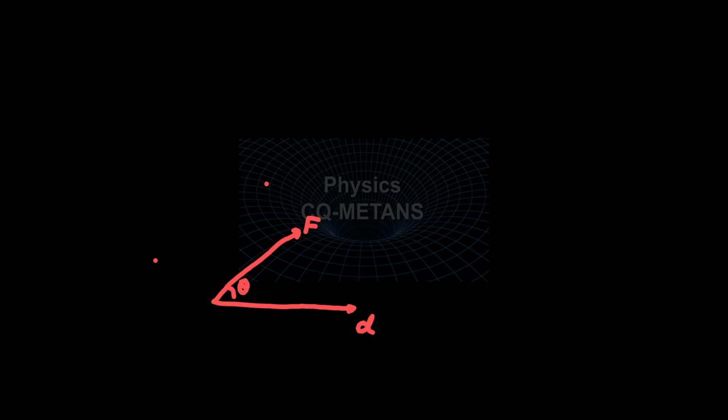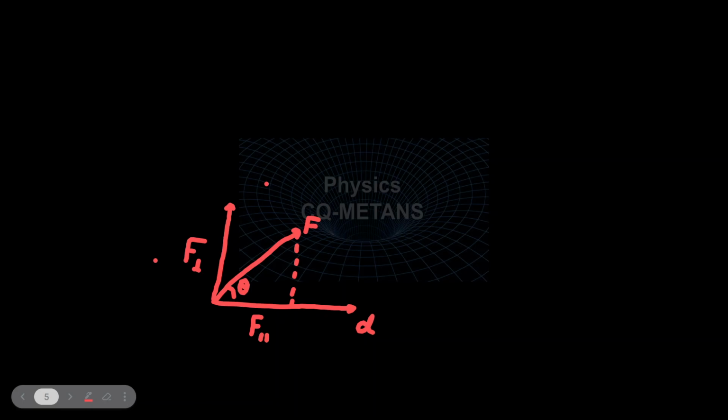Now what we have to do is resolve the components of this force. There will be a component of force along the displacement, which we will call F parallel, and there will be a component of force perpendicular to the displacement vector, which we will call F perpendicular.